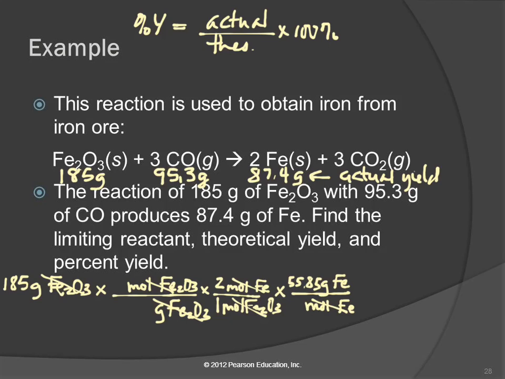But we do need to calculate the molar mass for the Fe2O3. I'm going to do that up on the top. So 2 times the mass of the iron plus 3 times the mass of oxygen equals 2 times 55.85 plus 3 times 16, 159.7.